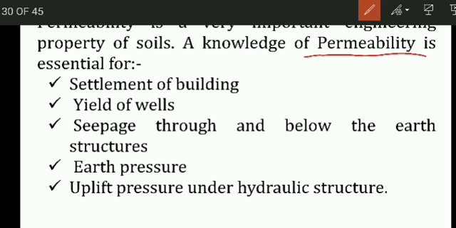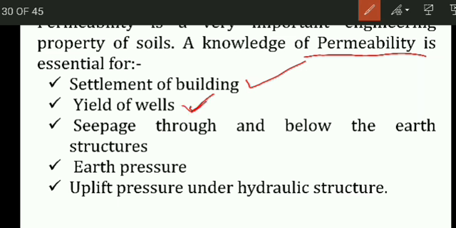Knowledge about permeability is essential because when you construct buildings, they undergo settlement because of the soil properties, which change with water availability. Then the yield of a well you need to find out in case of water supply schemes.